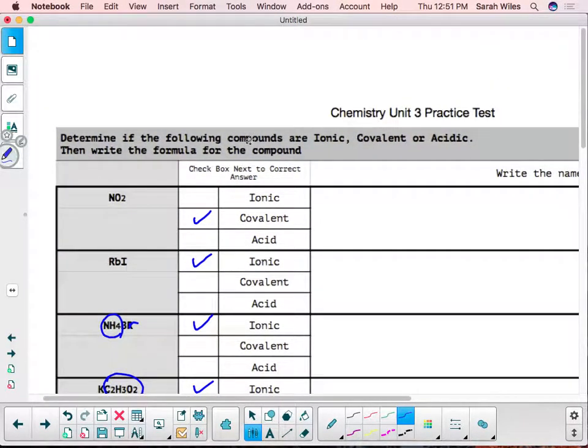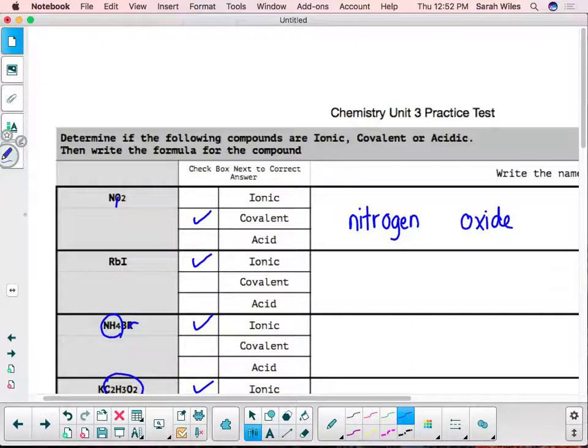Okay, so NO2. It is covalent. With covalent, we use the prefixes. There is an understood 1 on the nitrogen, 2 on the oxygen. So we know that we write the names nitrogen and oxide because we changed the ending to ide.